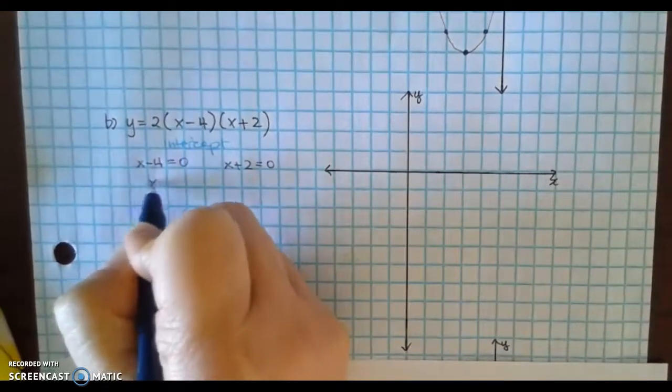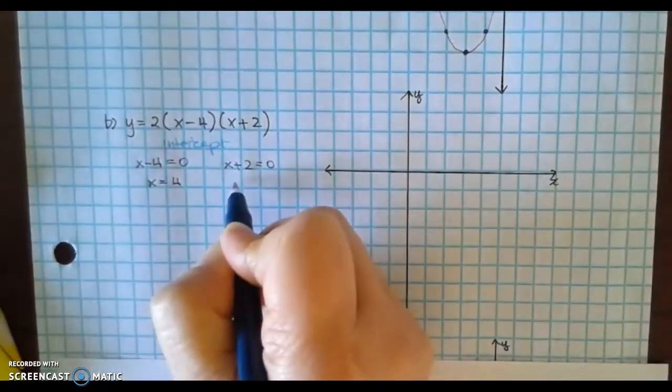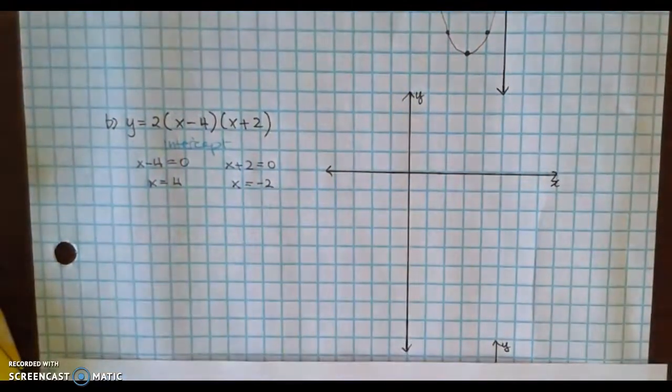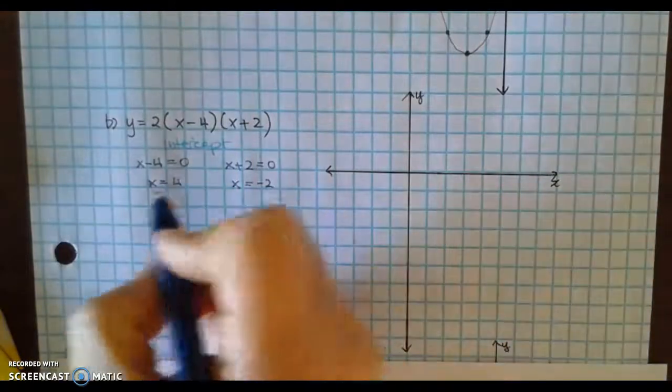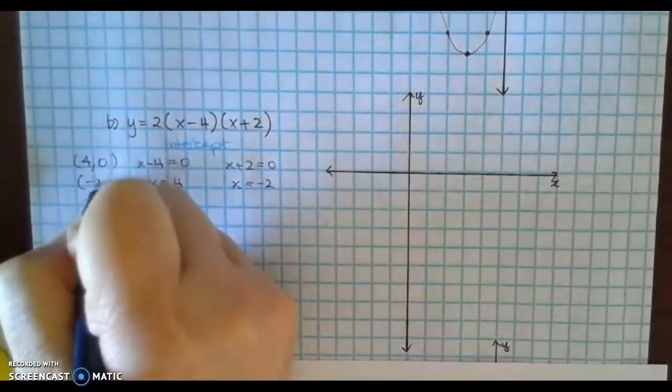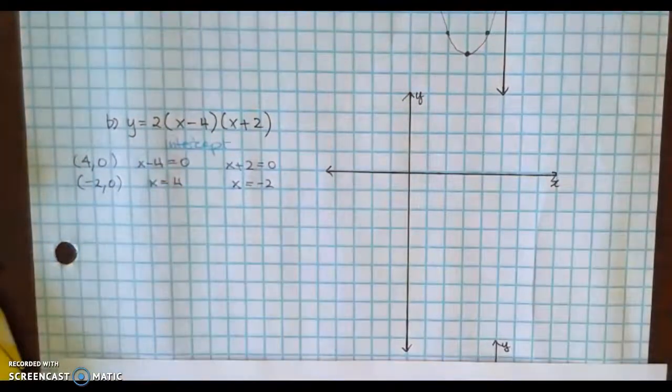Adding 4 to both sides, x is 4. Subtracting 2 from both sides, x is negative 2. So the x-intercepts are (4, 0) and (negative 2, 0).